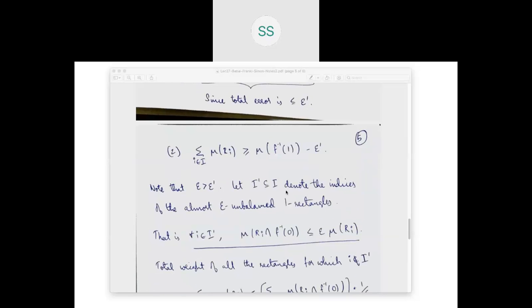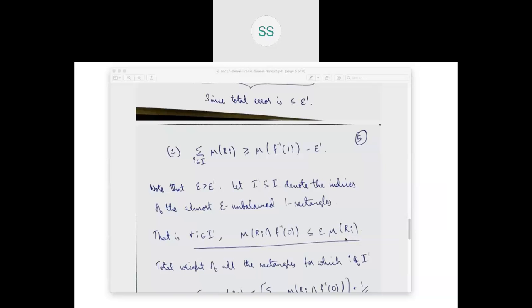Now, I is the index of all the one rectangles. Let us define I prime as the indices, a subset of I, that are the indices of the almost epsilon unbalanced one rectangles. Meaning, I prime contains exactly those indices that satisfy this inequality, that is the measure of the zeros should be at most an epsilon fraction of the measure of the entire rectangle.